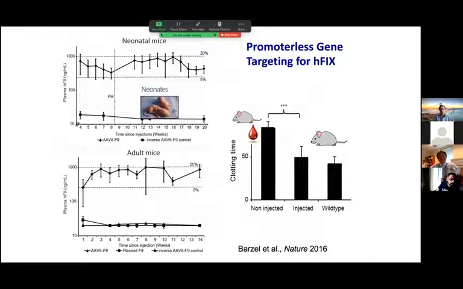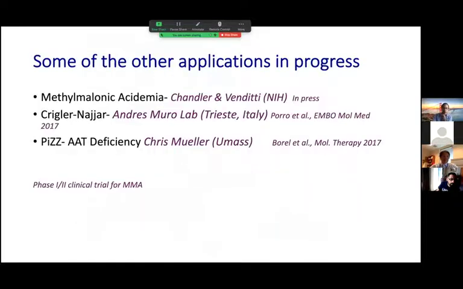And we used this to treat mice, neonates and adult mice, and we can get therapeutic levels of factor IX and abrogate the bleeding diathesis in hemophilia B mice. Some of the other applications for this: methylmalonic acidemia, which has been studied a lot by Randy Chandler and Chuck Venditti at the NIH.